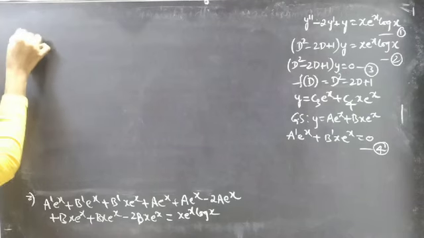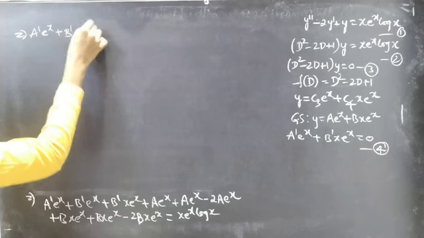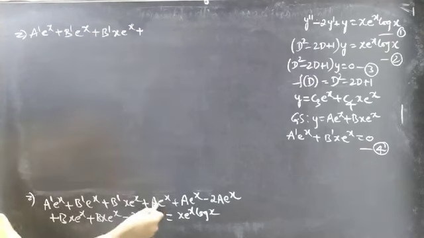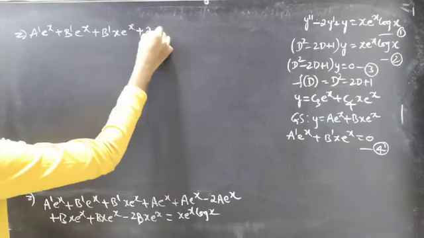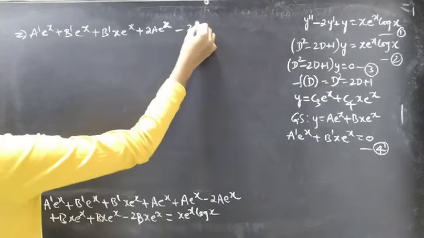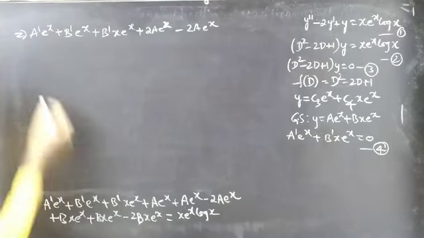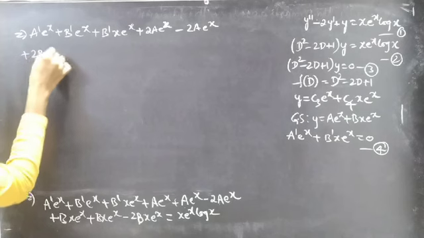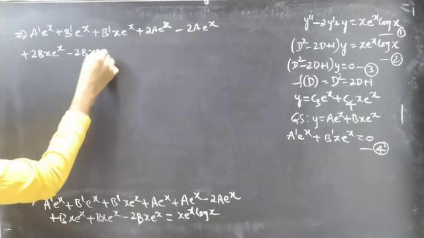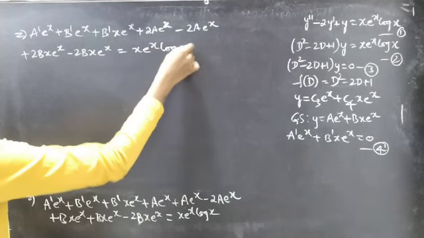This gives us a dash e power x plus b dash e power x plus b dash x e power x plus a e power x. a e power x plus a e power x is 2a e power x, minus 2a e power x, bx e power x plus bx e power x is 2bx e power x, minus 2bx e power x equals x e power x log x, right?